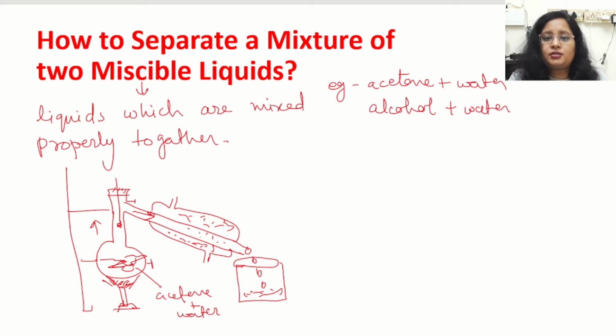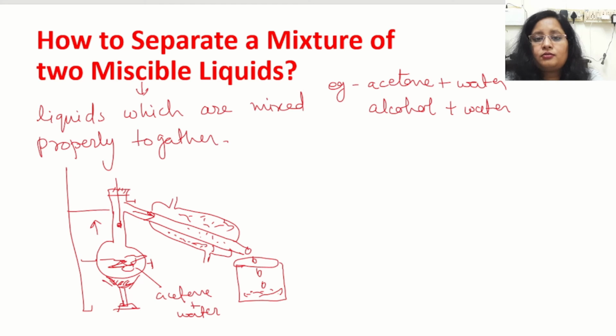So this is called the distillation method. In this way we will collect all the acetone before the water starts boiling. Acetone will boil at 65 degrees centigrade, and we will notice that while the acetone is evaporating, the temperature stays still. The temperature will not increase when the acetone is boiling.